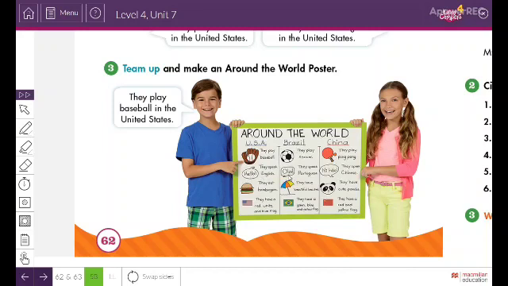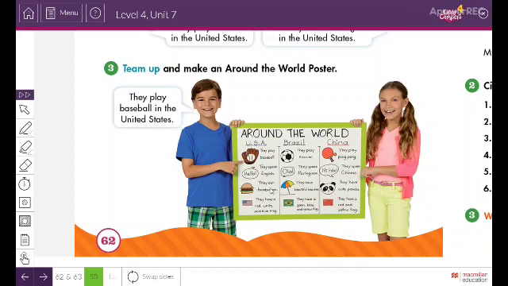The Brazilian people speak Portuguese, so this is the example of how to say hi. Hi in English is hello. Brazilian people say hola. Chinese people say ni hao. And draw the pictures.